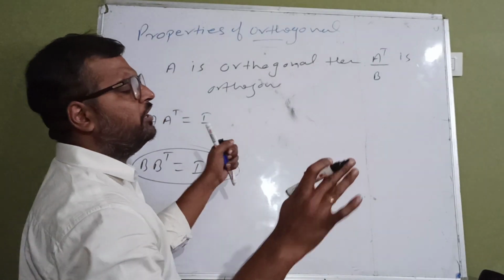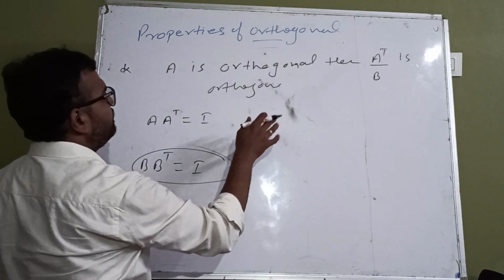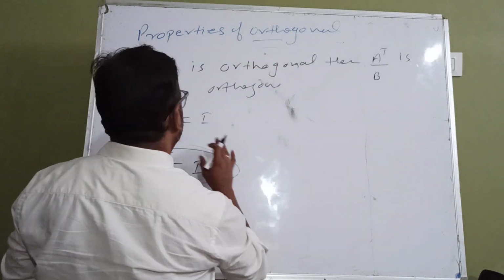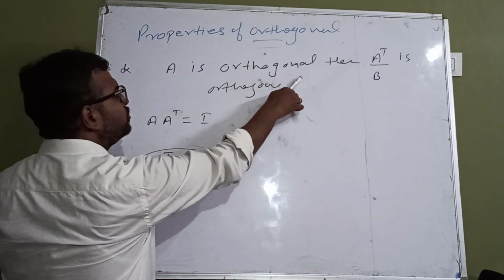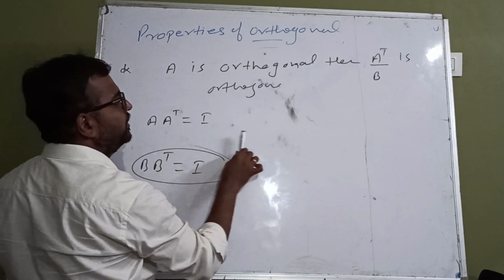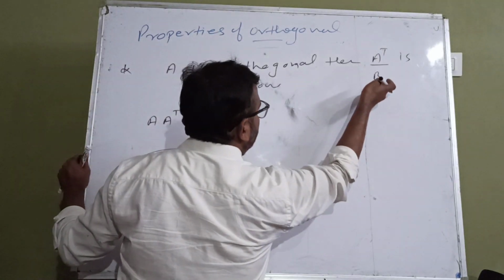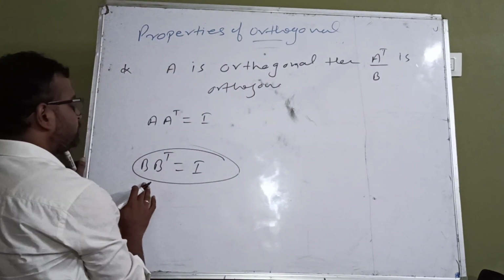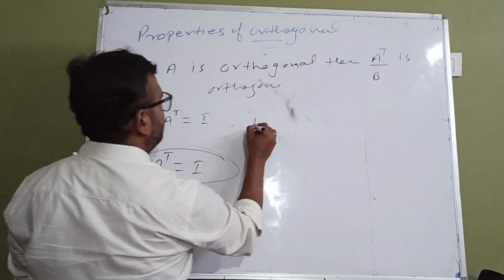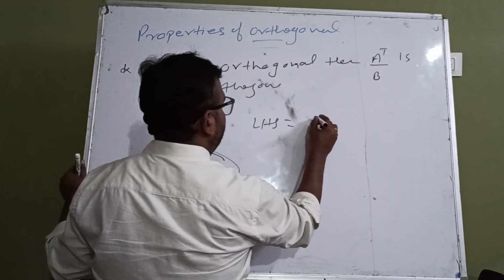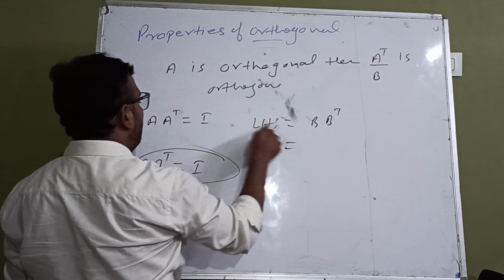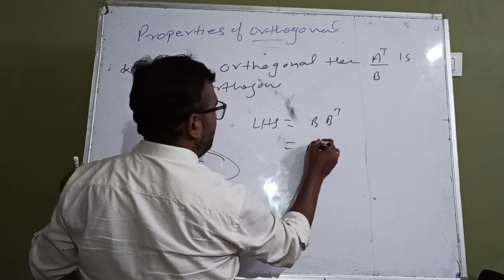The proof is not required here. Simply this is the statement, but I am going to prove why this is so. A is orthogonal means A into A transpose equals I. Now for A transpose to be orthogonal, let A transpose equal B, then we have to prove that B into B transpose equals I. Let LHS: B into B transpose. What B have we taken? B we have taken as A transpose.